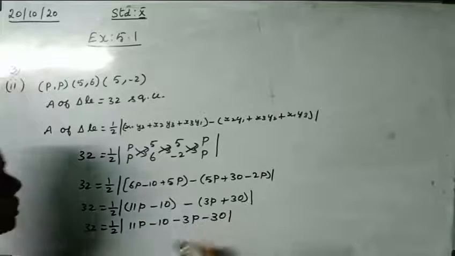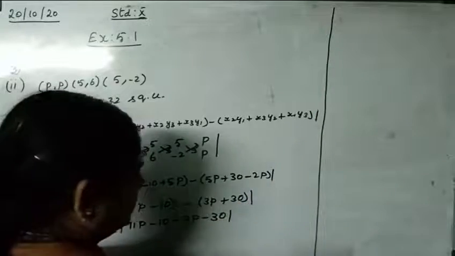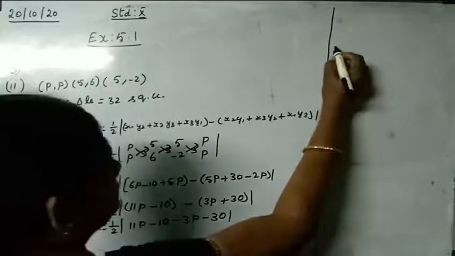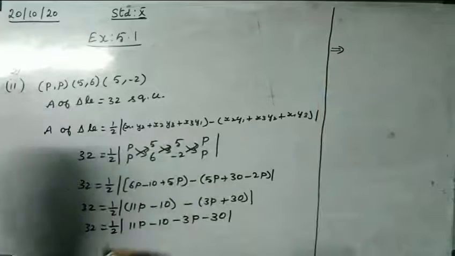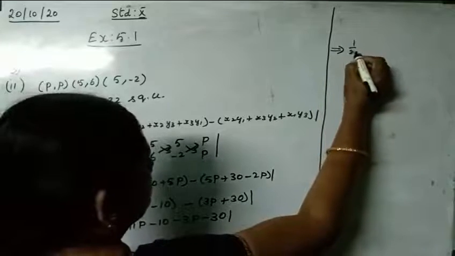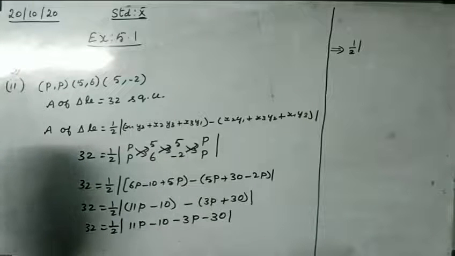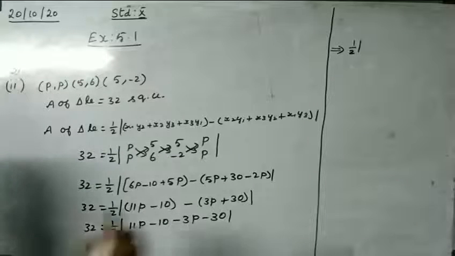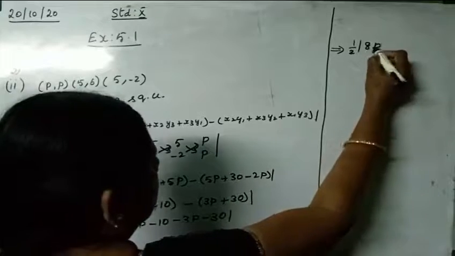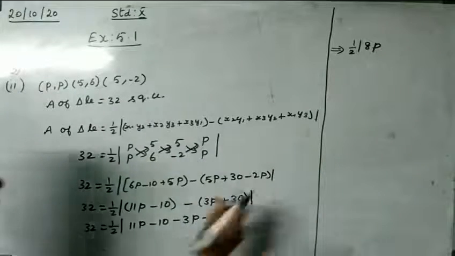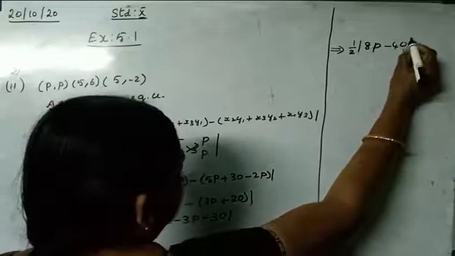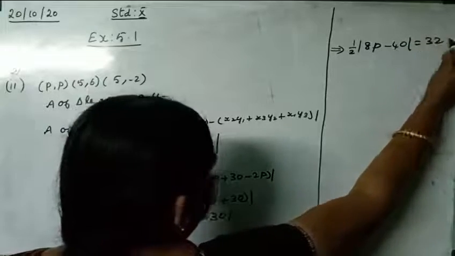Now bring this number to this side. So it is 1 by 2 modulus of 11P minus 3P is 8P, minus 10 minus 30 is minus 40, equal to 32.